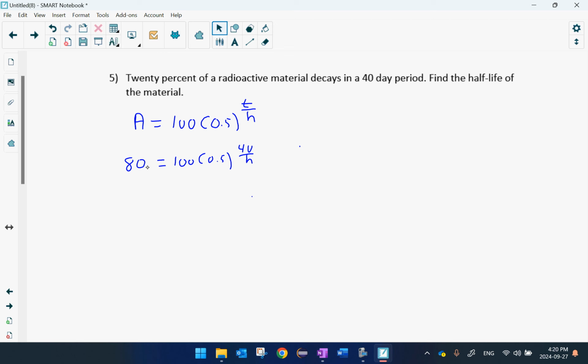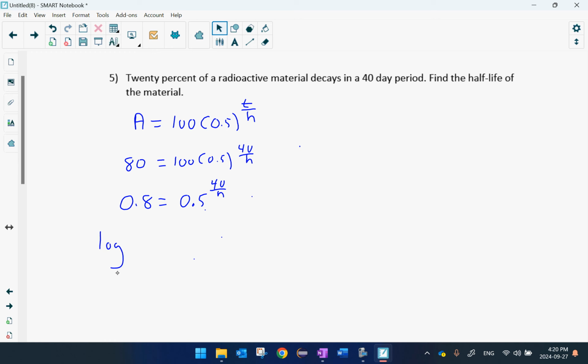So this is an exponential equation. We can divide both sides by 100 to get that 0.8 is equal to 0.5 to the power of 40 over h. Now that might have been the original equation that you started with, totally fine, because this equation is as if you used an initial value of 1 and a final value of 0.8. Well, 100% is the number 1 and 80% is the number 0.8, so it works out as well.